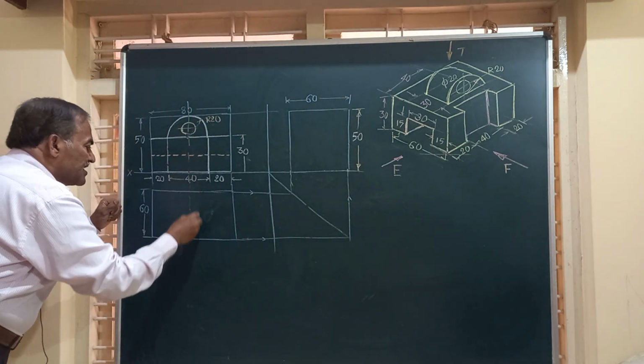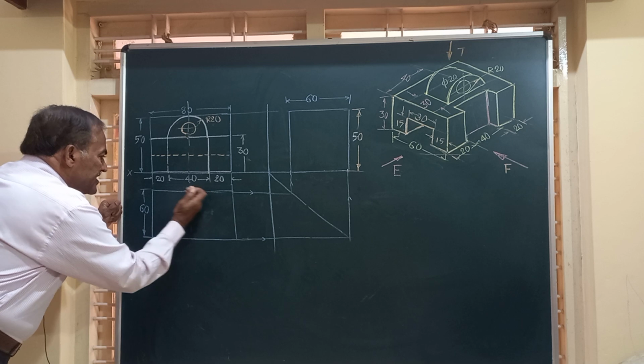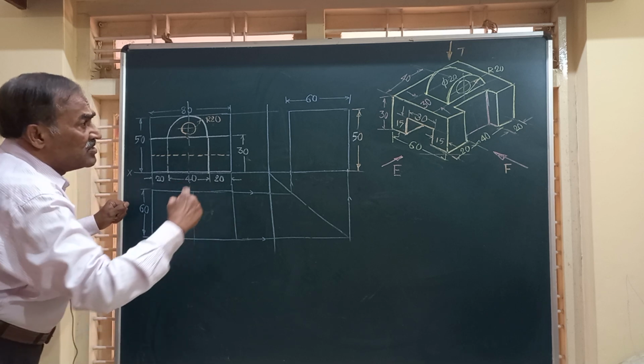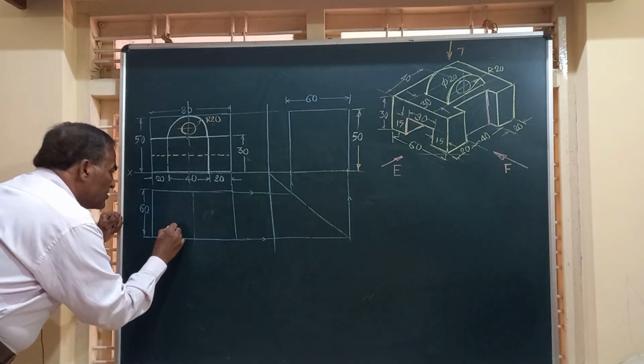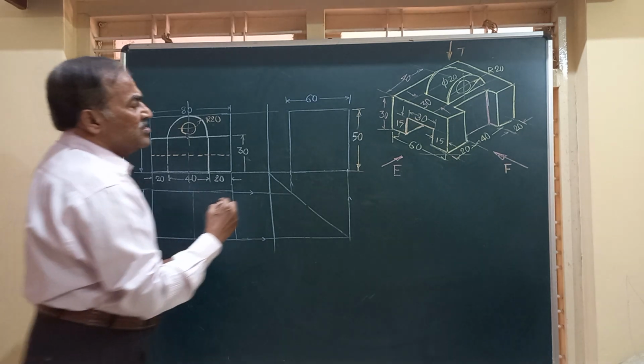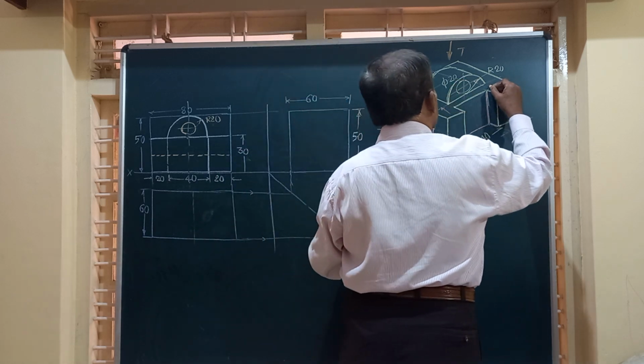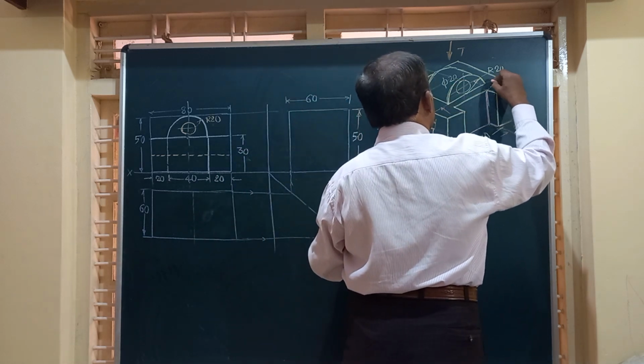Exactly from the center. So this is the center, and we have got 40 millimeter width. 40, and the height is equal to this 40 millimeter width. And this is 10 mm. I have not shown it, this is 10 mm.